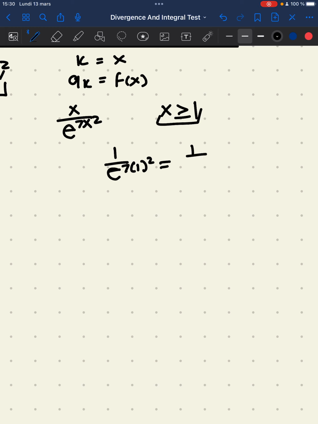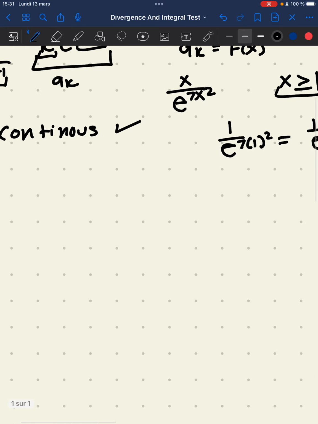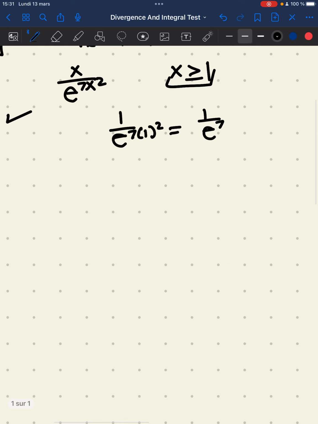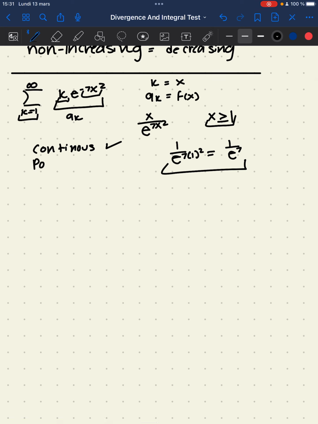Now, the first requirement is checked off. It is continuous. Check. Now, is it positive for that interval? We can plug in the same number, and it is positive. So it is positive as well.